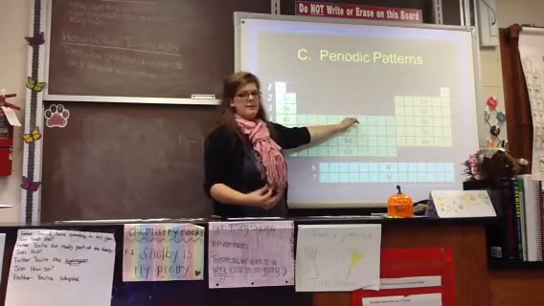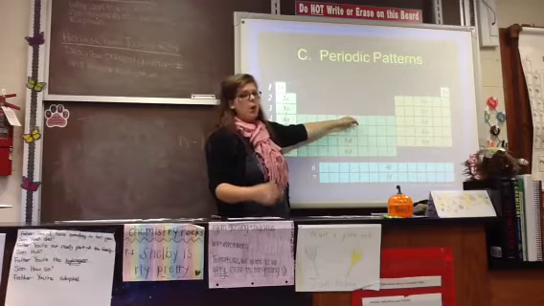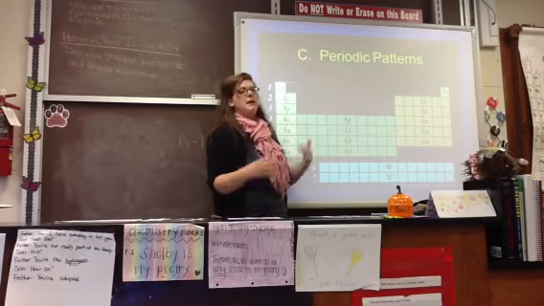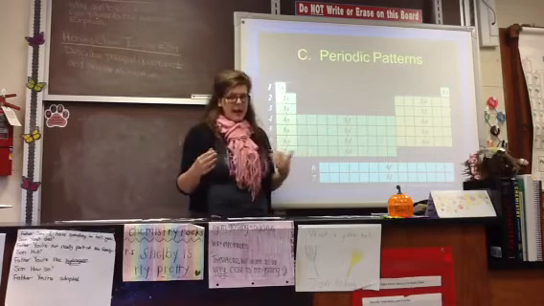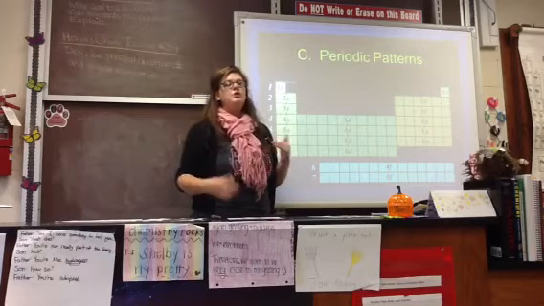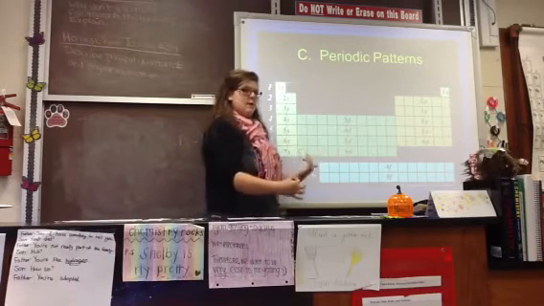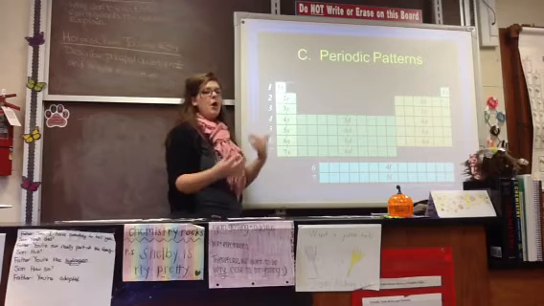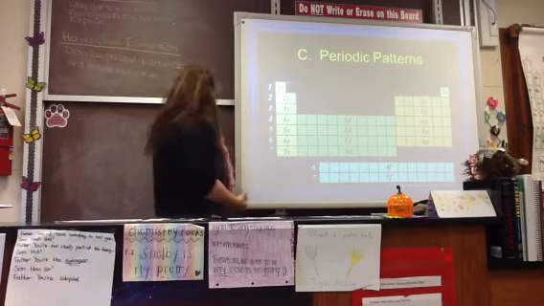The only reason that we write this is because that's what we see happen in nature. Why it does that, we don't know. We just know that that's how it happens, okay? That's just the phenomenon or the observation that we see.